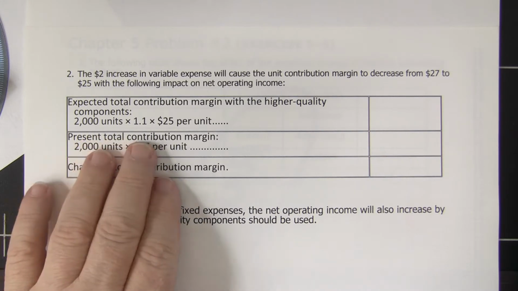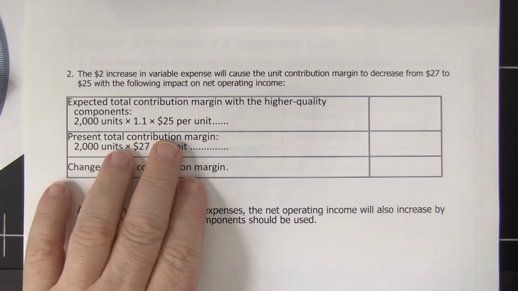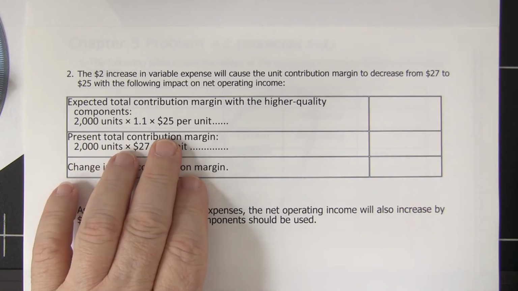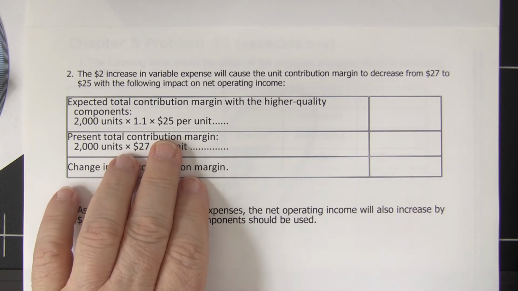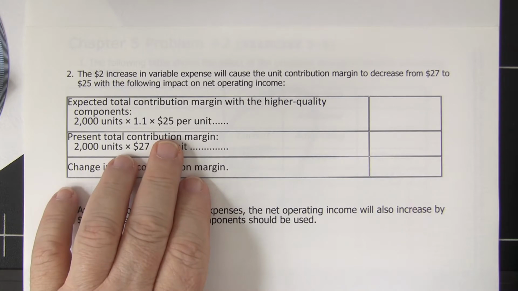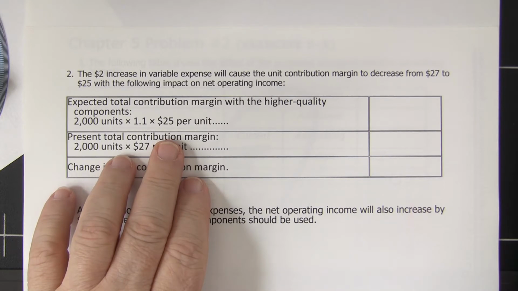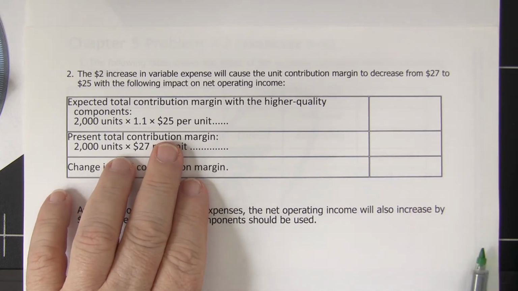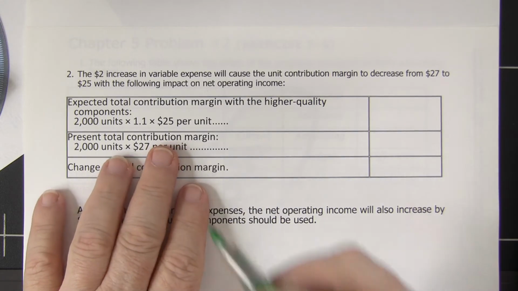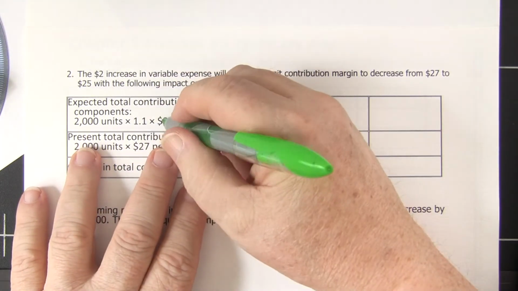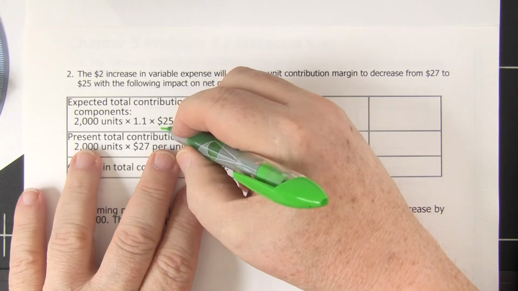So it's 2,000 times 10%, and we're decreasing our contribution margin from 27 to 25.